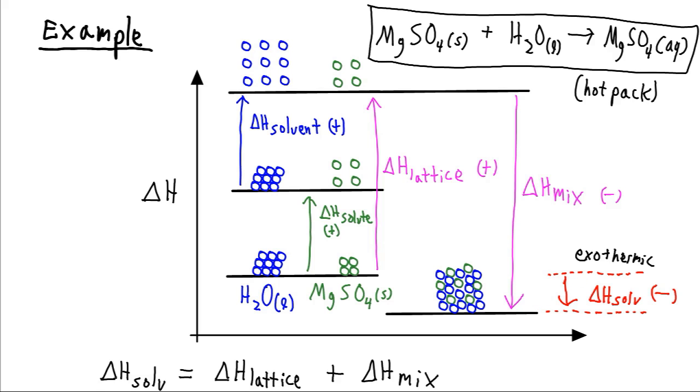So to calculate this delta H solvation, all we have to do is take our delta H lattice, or we can also think of it as the components for breaking apart the solute and then breaking apart the solvent, and we add that to our energy change when we mix them together. And we get our overall change here.